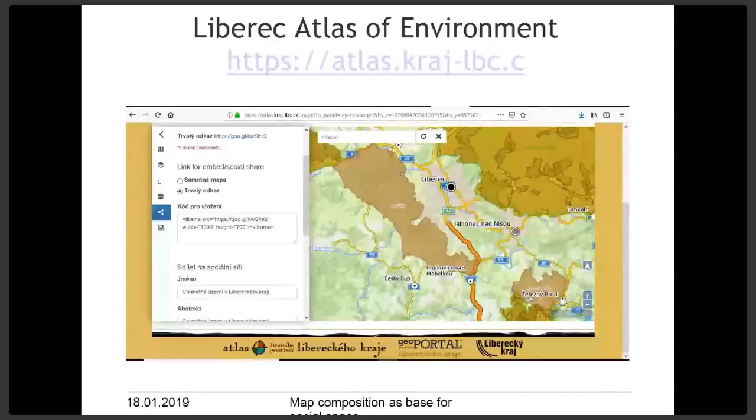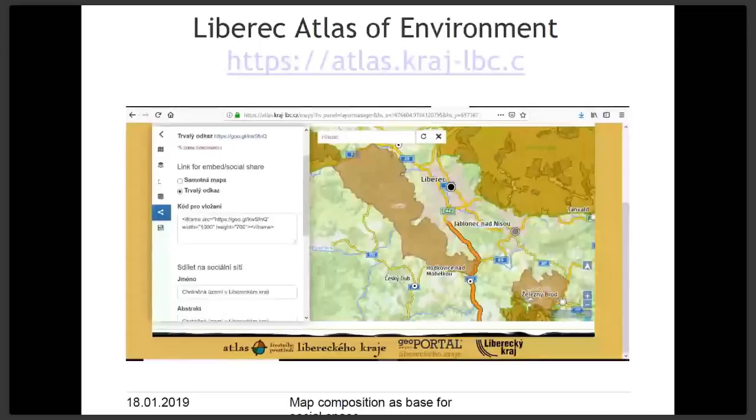And this metadata gives you the URL of the map composition description as any type of service. And here is already the way the data can be shared and used by other platforms.